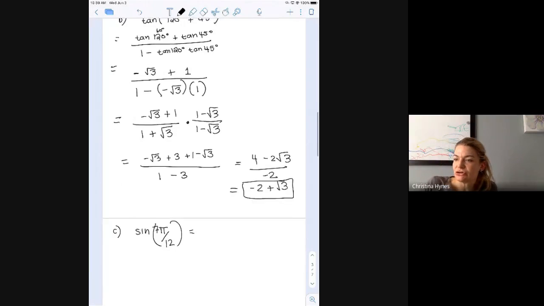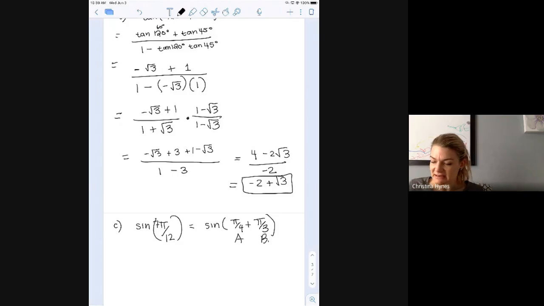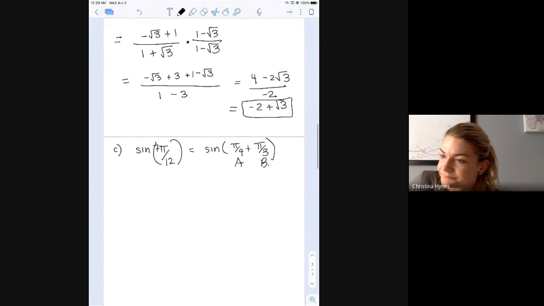I chose to use sine of pi over 4 plus pi over 3, because I would get a common denominator of 12 and I would have 4 plus 3. So these are the two I'm choosing, where this is A and this is B. And then I'm replacing it in that sum, it's called the sum identity. So I'm going sine of A, which is pi over 4.